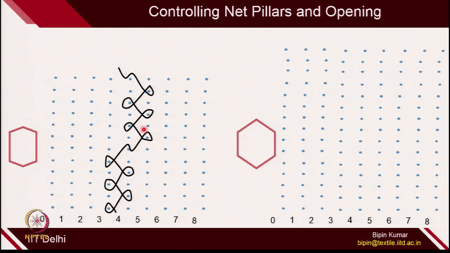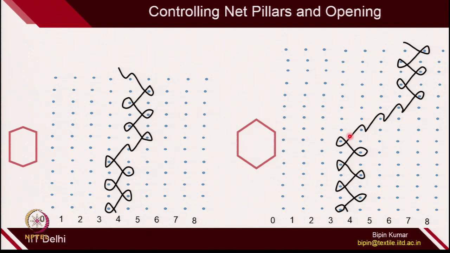If you want a more uniform structure, then you need to give more transition time or more courses of open loops at this position. So, for example, if you see there are 6 courses of pillars, and then for the transition you are taking more and more open loops. Because of that, whenever the transition is happening, the loops get stretched more in that particular direction, and that side is much higher.